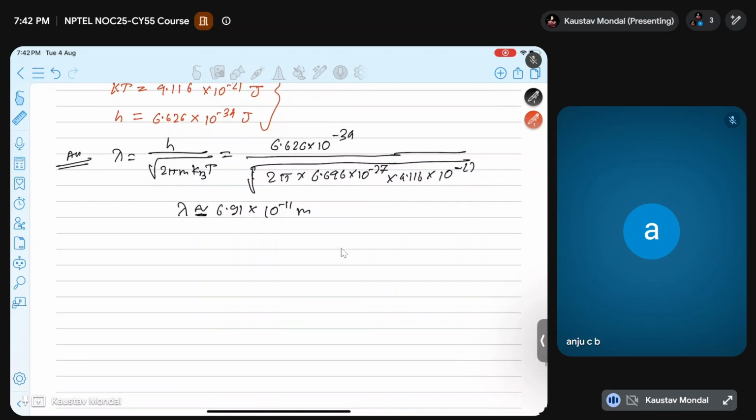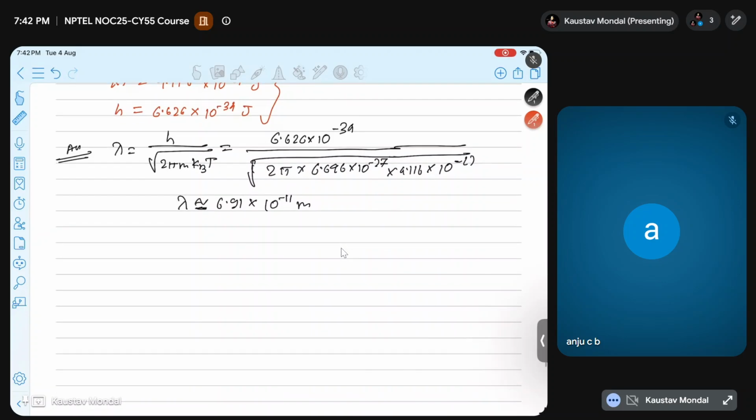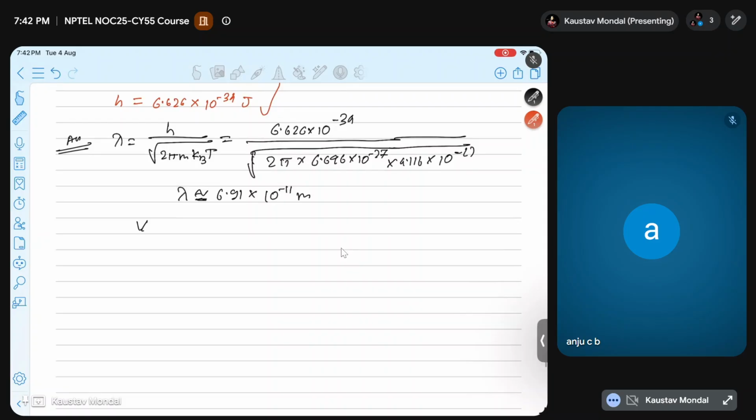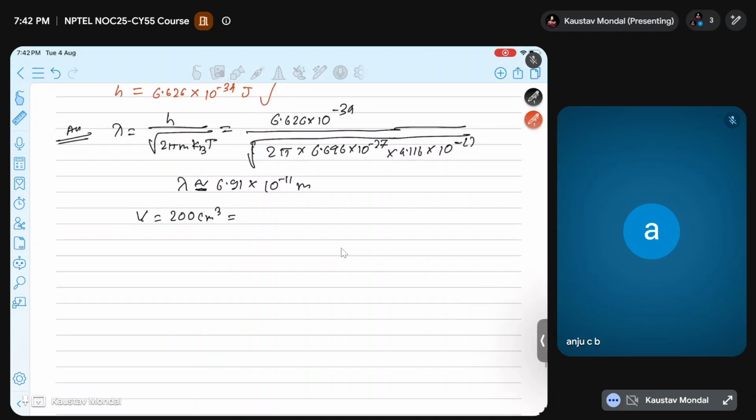That is the value of thermal wavelength lambda, and the volume V is given as 200 centimeter cube. Since we are writing everything using SI units, we have to convert it into meter cube, so it will become 2 into 10 to the power minus 4 meter cube.